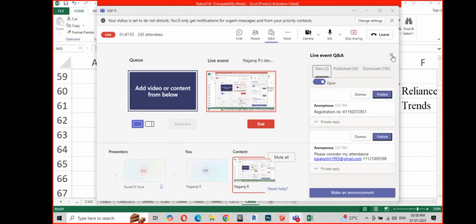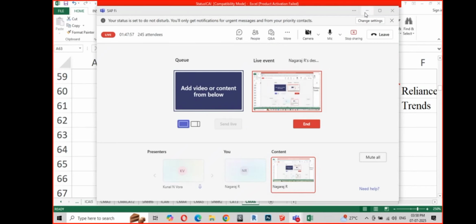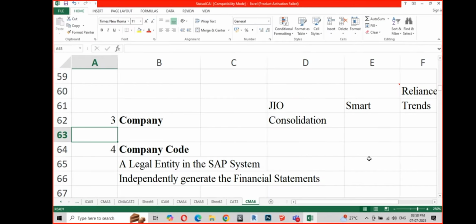Do you see how things are changing in SAP? So now you have 2 different terminologies to deal with. What is a company and what is a company code?